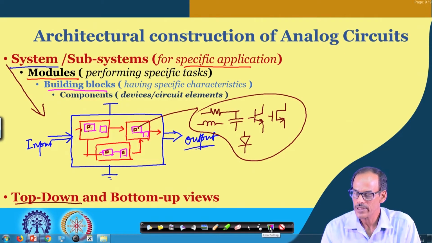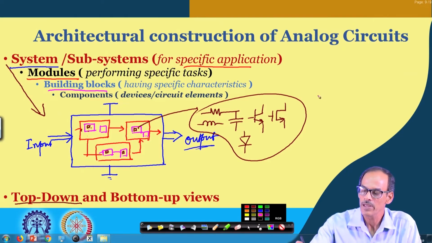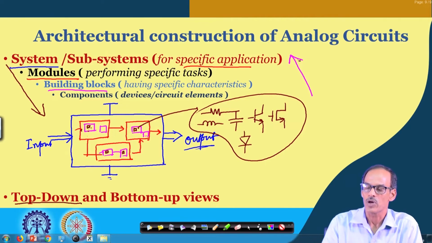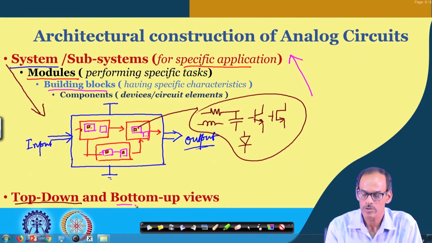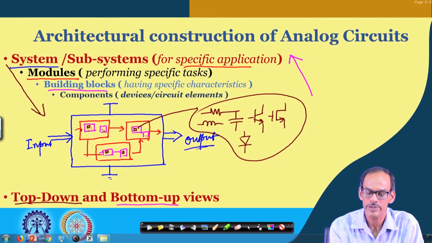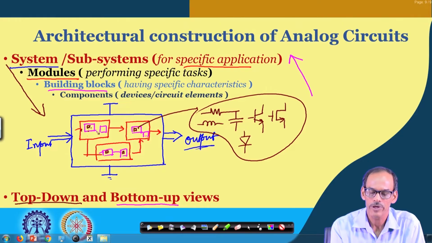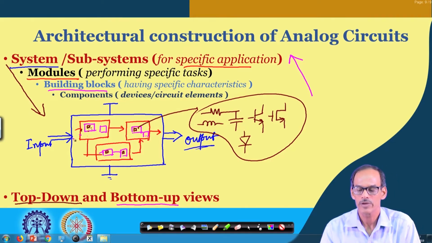The other view is that whenever you have to construct this circuit, you need to go bottom up. We have to construct individual building blocks and then interconnect them in a meaningful way, so that you can go from components to building blocks, building blocks to modules, and then finally construct the system.